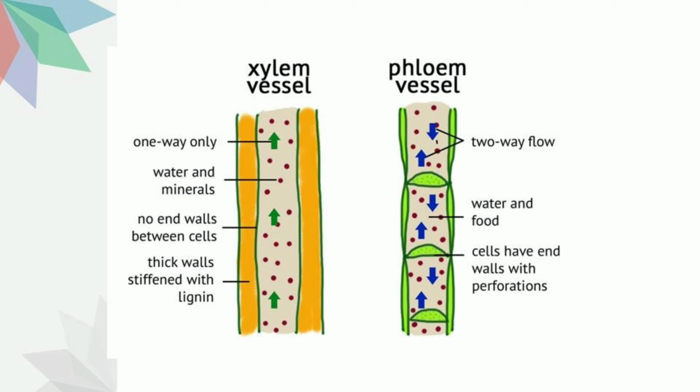In xylem, the movement of water and minerals is in only one way, and in phloem, the food is in a two-way flow. It is bidirectional, either upward or downward. So xylem is always unidirectional and phloem is bidirectional.